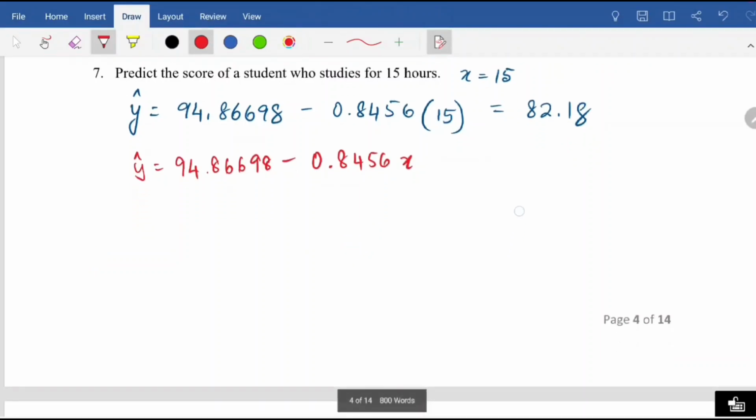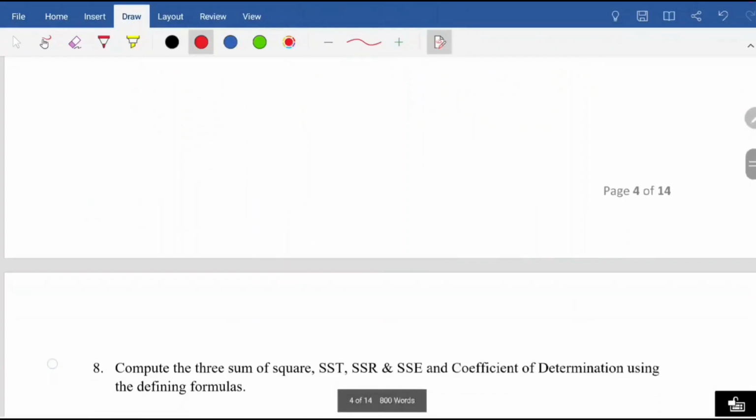So it tells us that it's not just the hours of study, but a lot more that's involved in determining the score. All right. But since we are just studying a single independent variable, we leave it at that. We won't complicate this any further.